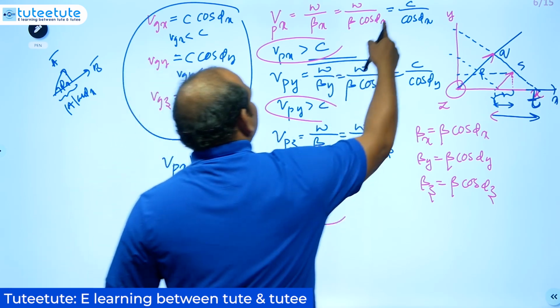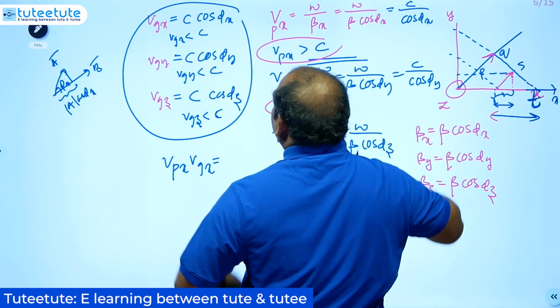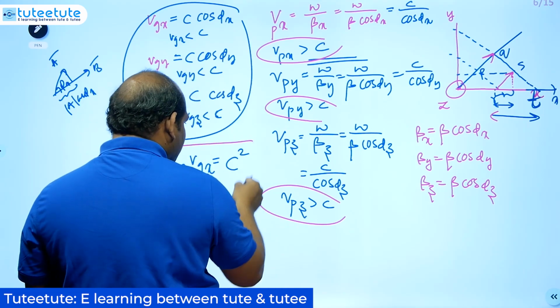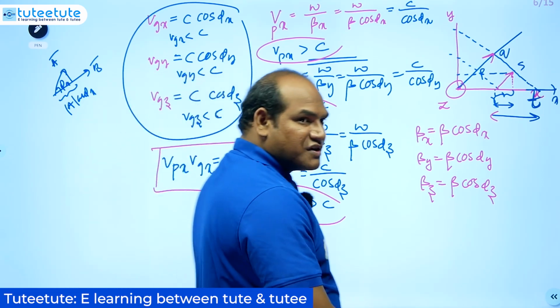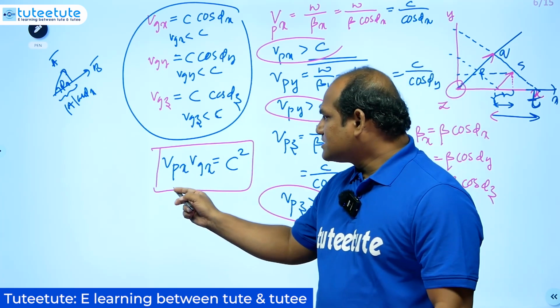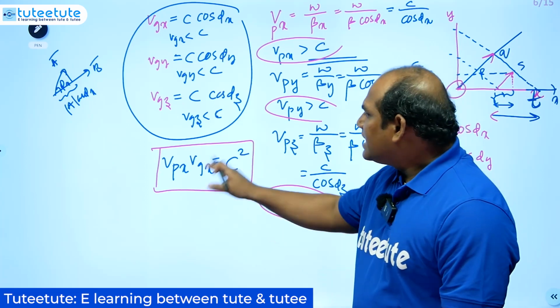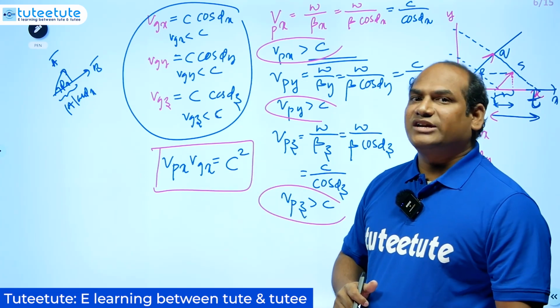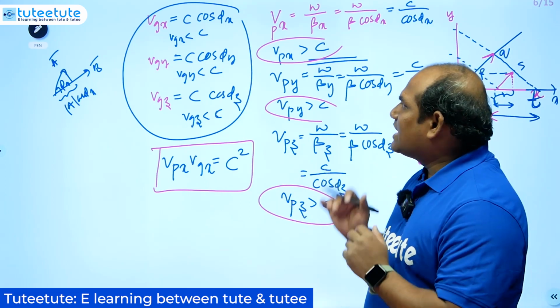Here C by cos phi x, here C into cos phi x, so we will get C square. Like this you can make one particular equation. This is a relation among light velocity, phase velocity and group velocity. Similar relations can be given with respect to the y direction and the z direction also. So this is the main thing.